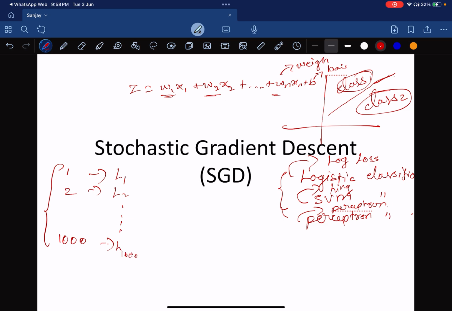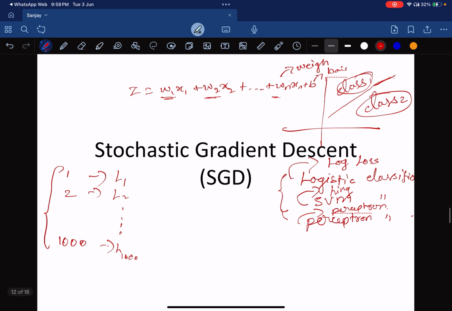All these three algorithms initially find the loss for all the data. One iteration over the entire data set is called one epoch. After the one iteration, it will sum them up and find the average, for example L1 plus up to L1000, and based on the average, it will update its weights.